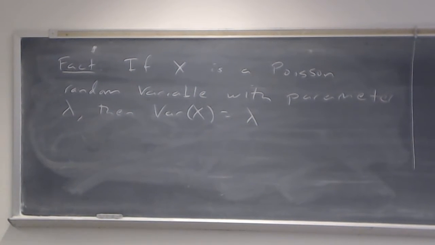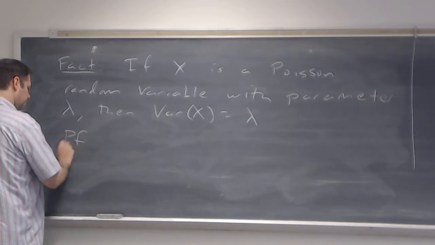So the expected value and the variance are the same here. They're both lambda for a Poisson random variable. And let's see if we can prove that fact.